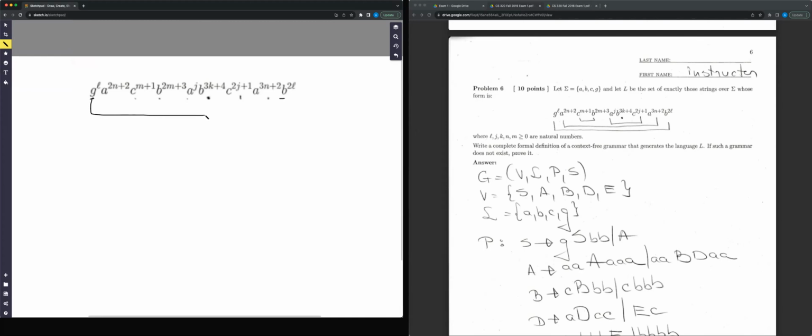So these two things are linked together. This N here, and there's an N over here. So these two things are linked together. There is an M here and an M here. So these two things are linked together. There's a J here and a J here. So these two things are linked together. And this is by itself. There's nothing linked to it.